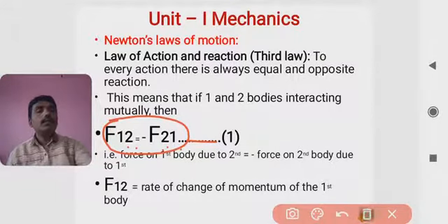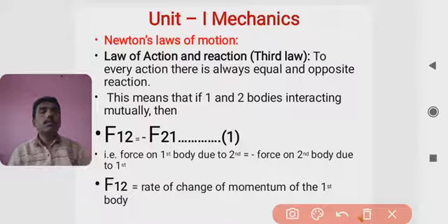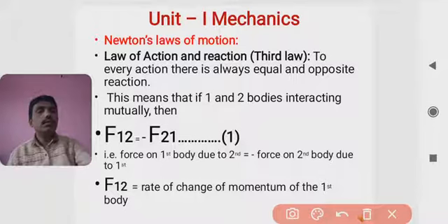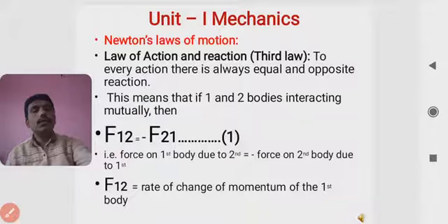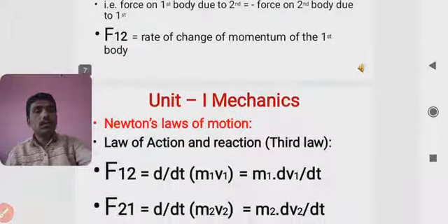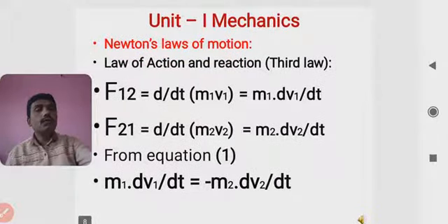And whatever this f12 is, the rate of change of momentum of the first body is nothing but, wherever the force is there, we can write this relationship in this force, whatever the definition in the second law we have seen.